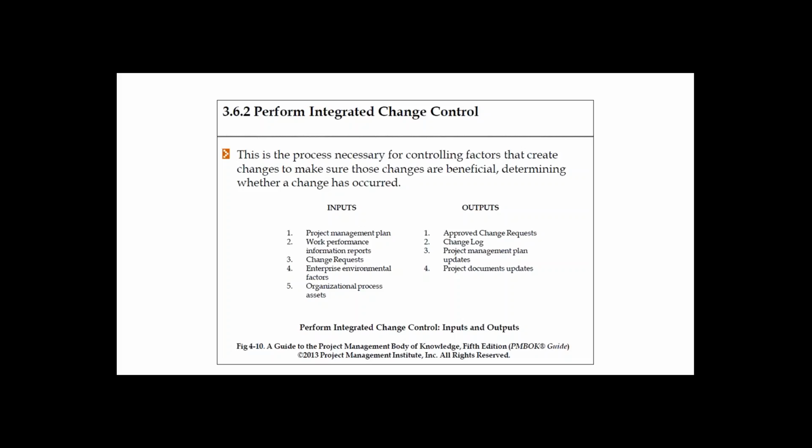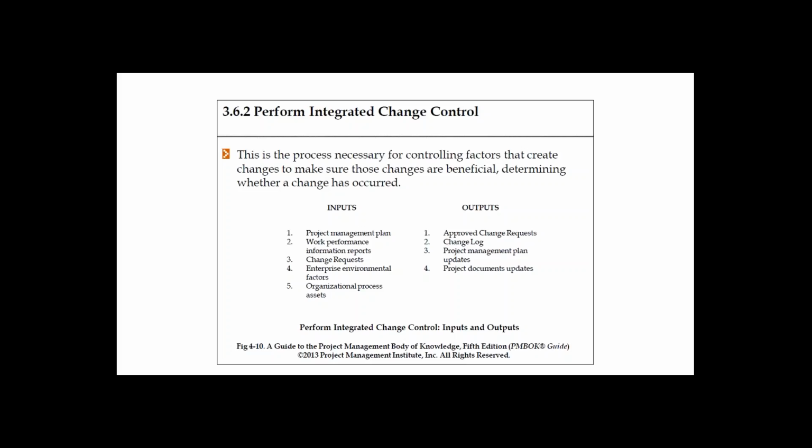Okay. And then the next process is perform integrated change control. This is the process necessary for controlling factors that create changes, to make sure those changes are beneficial, determining whether a change has occurred. Okay. So perform integrated change control, as I just explained.